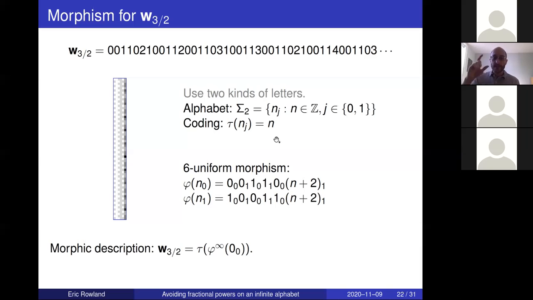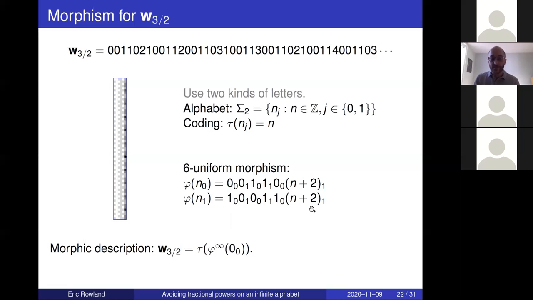So the 0 or 1 will keep track of which row we're on, essentially, because we should either put down a background 0, 0, 1, 1, 0 if we're on certain rows, but if we're on the other rows, we should put down a background of 1, 0, 0, 1, 1. So if we're seeing an N0, then we should replace N0 with this word, and if we're seeing N1, we should replace it with this word.